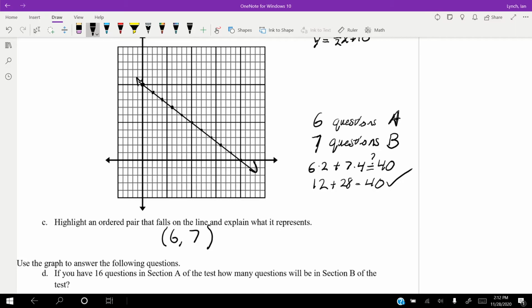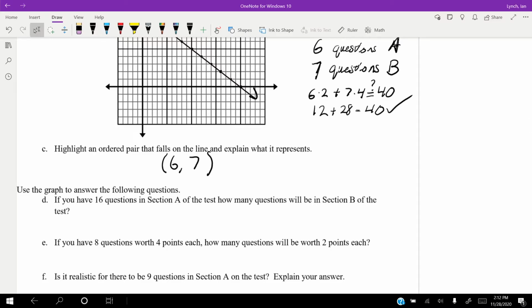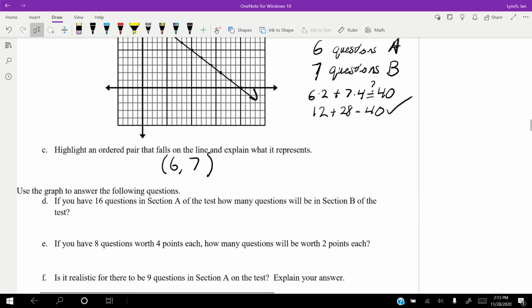So if we have 16 questions in section A, so let's go over to 16. So that's 5, 10, 15. If we have 16 questions in section A, then in section B, we're going to have 2 questions. We just need to look for that point on the line. If we have 8 questions worth 4 points each, now that means we have 8 questions in section B. How many will be worth 2 points?